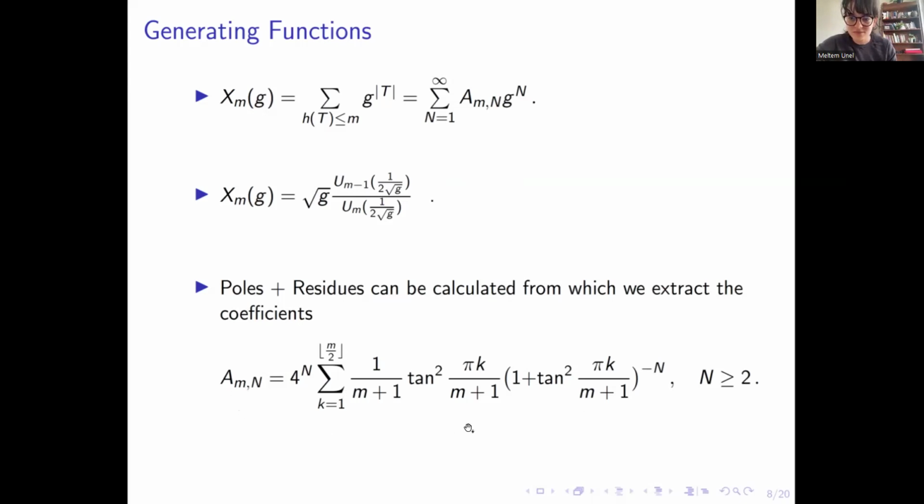What is the condition that guarantees that a_{m,n} in this last expression is an integer value? Because we see a tangent function, and it's not easy to see at first that a_{m,n} is an integer. Yeah, that's true. Let me think.